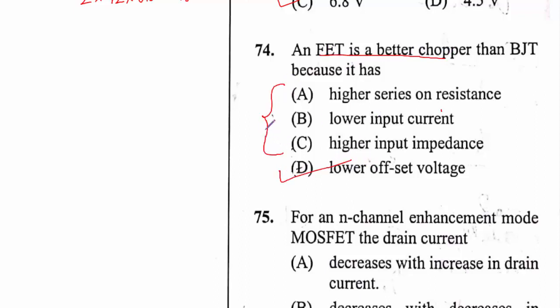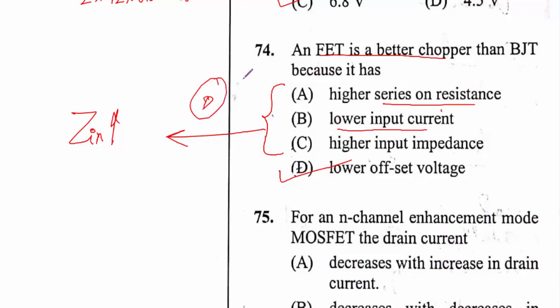Statements A, B, C, all three things are interrelated. The system which has high input impedance will draw low current, and high series on resistance will be there. So A, B, C, each and everything is interrelated. So you have to go for option D.